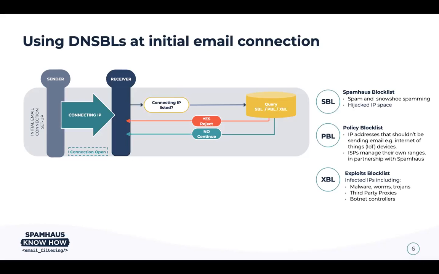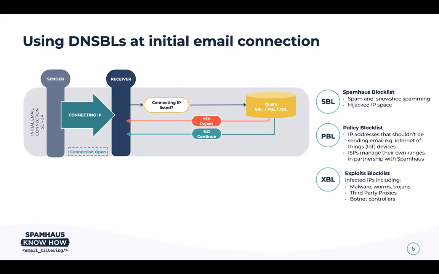Then you have the Policy Block List, the PBL, where you basically find an indication of whether or not this IP belongs to a network that is expected to run any mail server. And in a way, you can see that as an indication that the message is coming from something that is not supposed to contact you, and therefore you may want to take action against it.